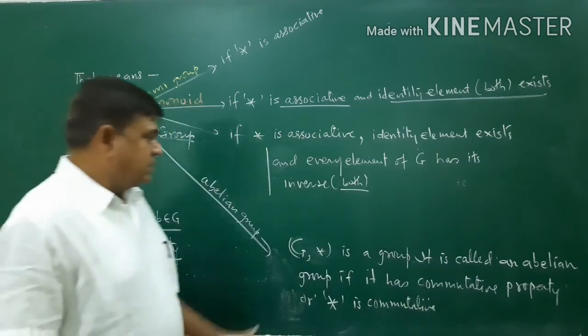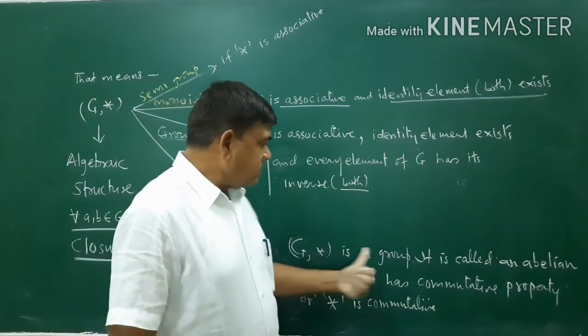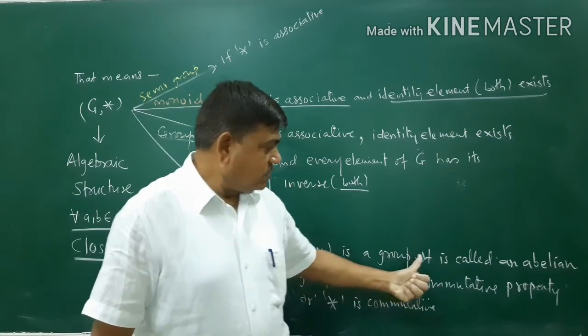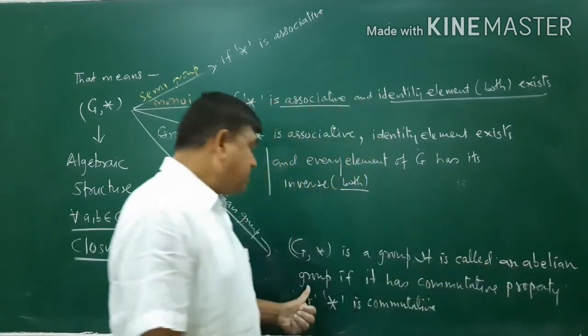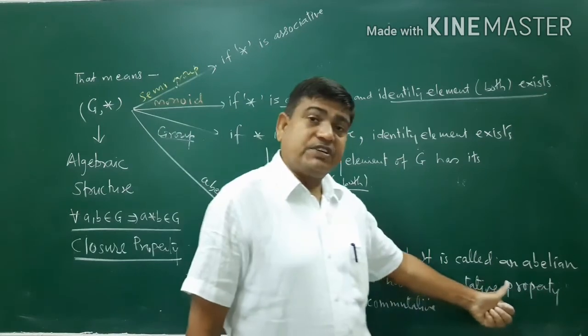So it is called an abelian group if it has commutative property.